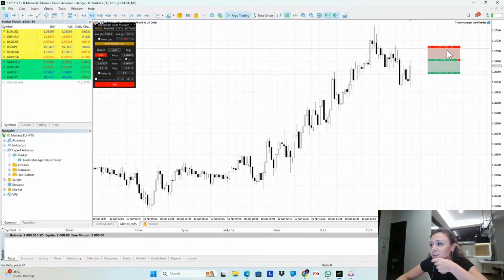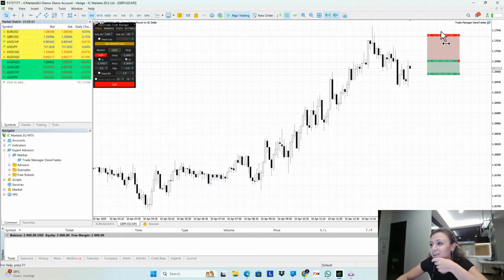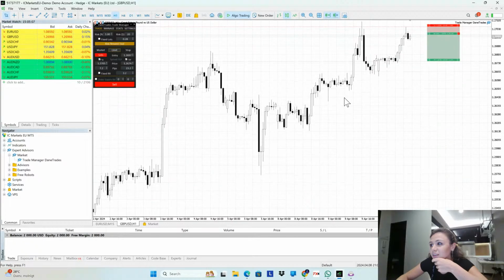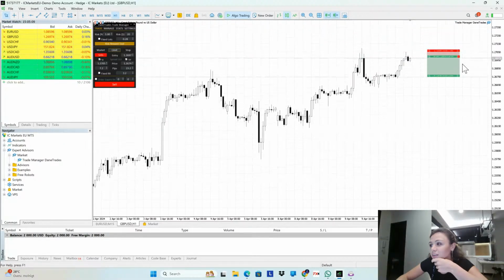So let's take a sell already now. You can see how the manager is working. So I would put my stop loss above this level, and I would target this trend line liquidity to here.